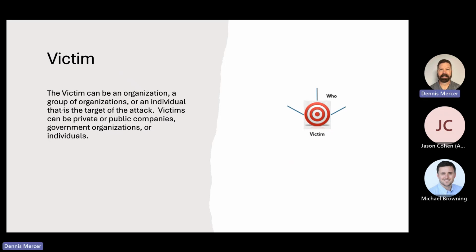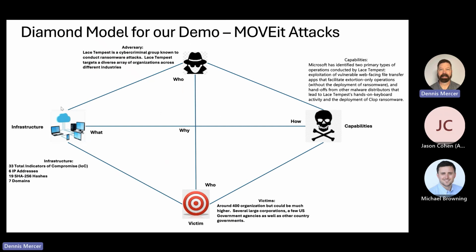So with this, I want to take a look at a recent attack, the MOVEit attack, some folks will call it, using the diamond model. Now, in this case, the actor is going to be what we track as Lace Tempest. And again, as Michael said, Tempest would be cyber criminal groups. It's a cyber criminal group known to conduct ransomware operations. They target organizations across a diverse array of industries.